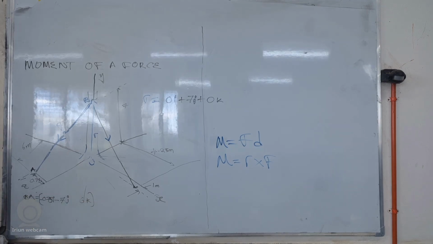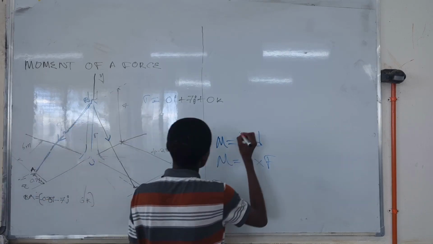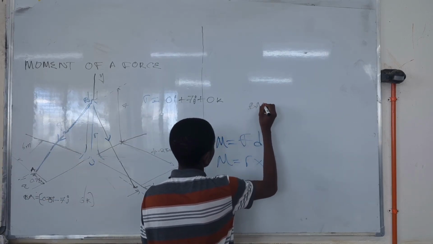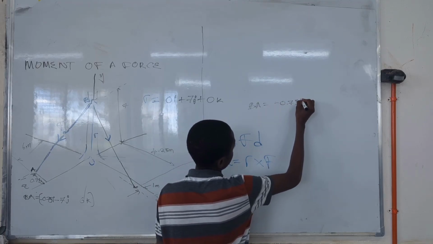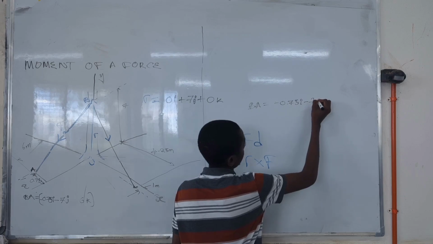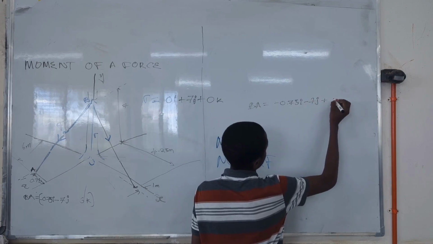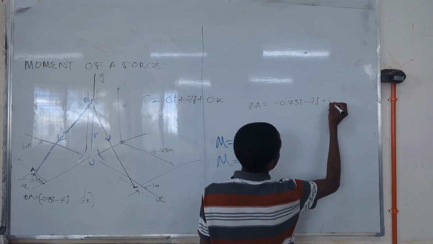Now, guys, was that hard to do? All right. So we're saying that BA is equal to negative 0.75i minus 7j plus 6k.